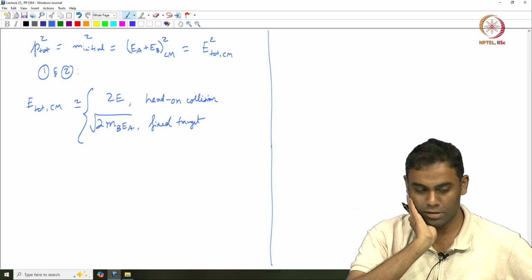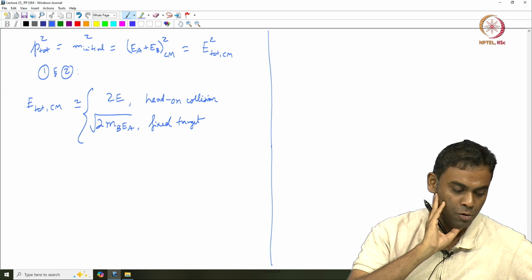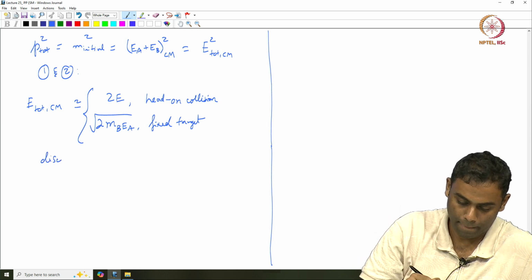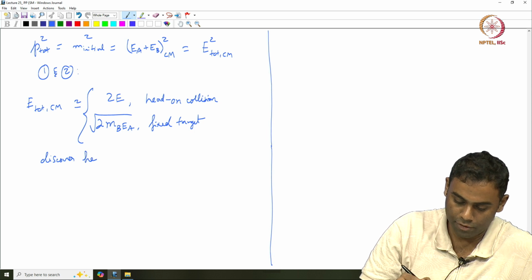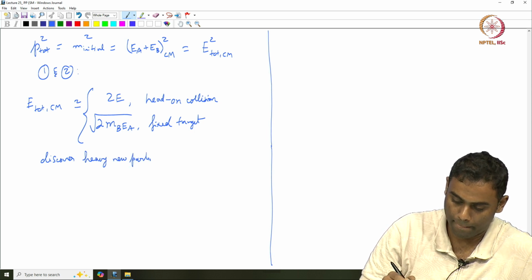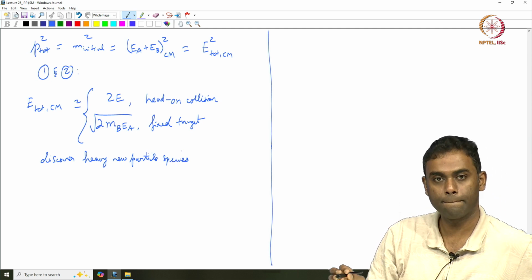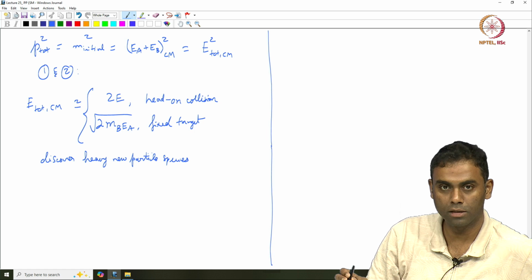Okay. Now, in real life colliders, if you want to discover a heavy new particle species, which configuration would you pick over here by looking at this?